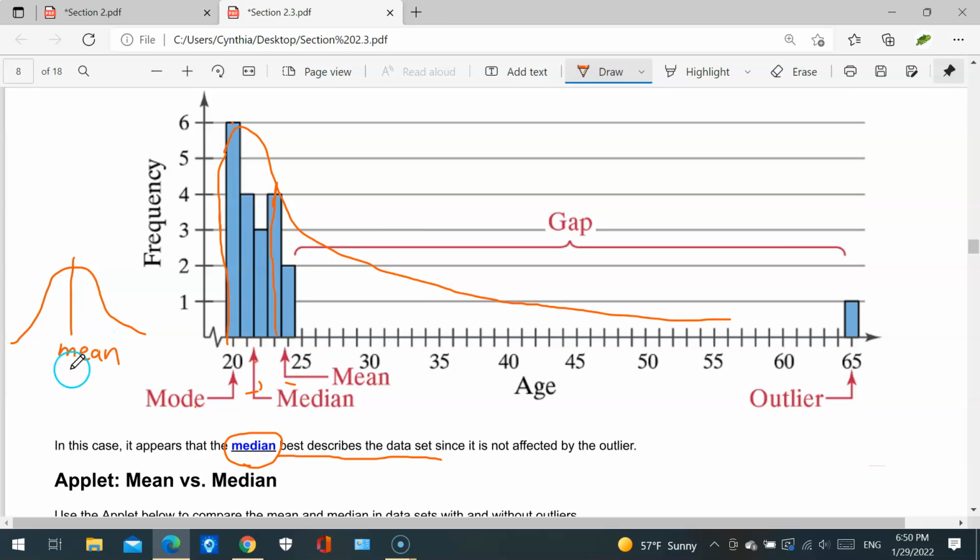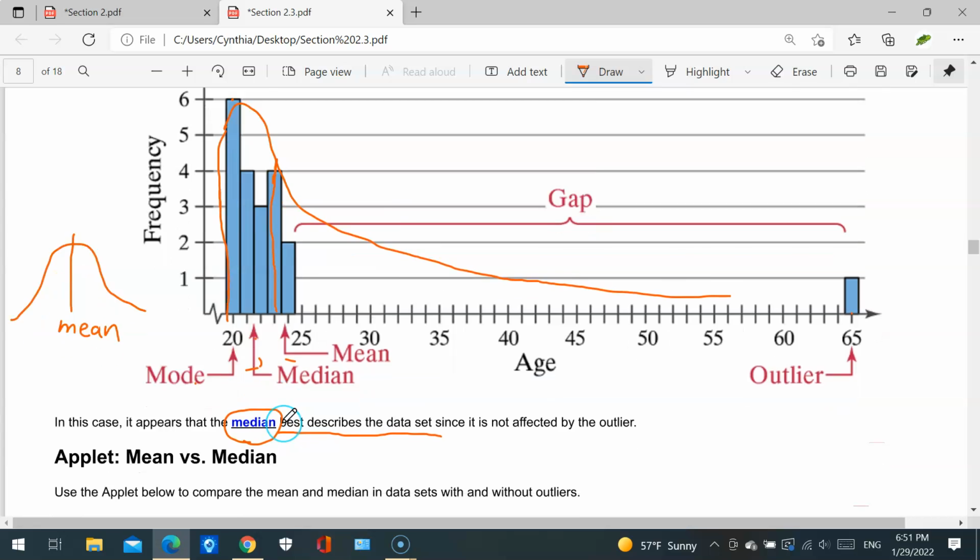But like this example, it has an outlier. So your mean no longer represents the overall data information because it got affected by the outlier. Therefore, we use the median to represent the center. I hope this makes sense to you.